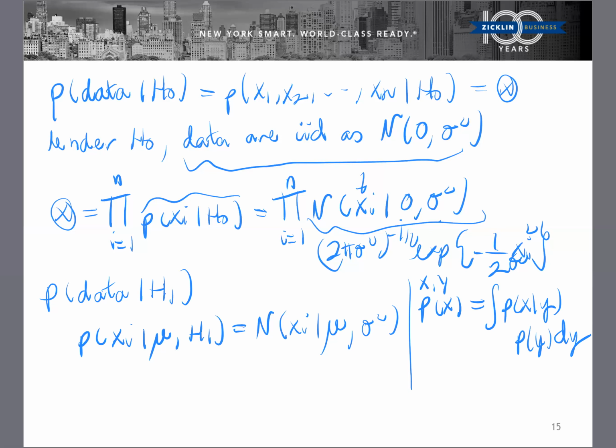This looks familiar? Okay, so now I'm just doing this trick where I use different letters for the things. So I can use this trick to find the probability of the data given h1.